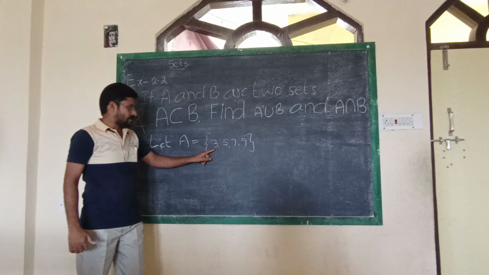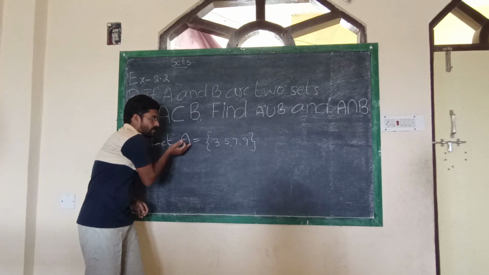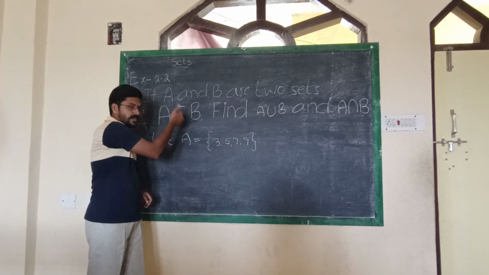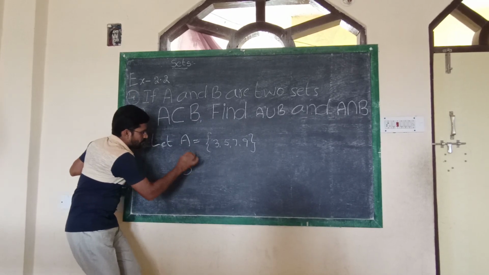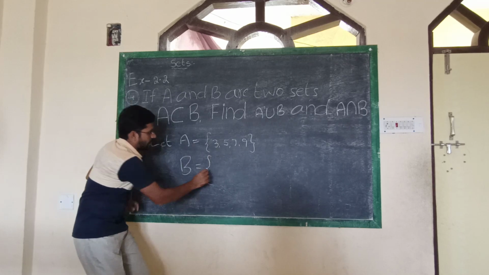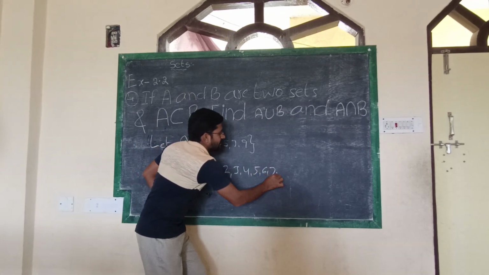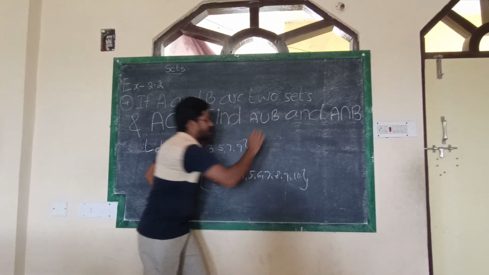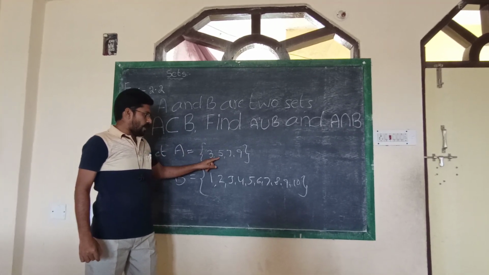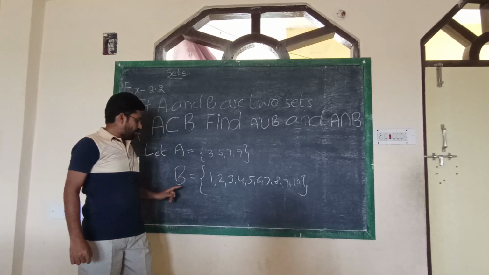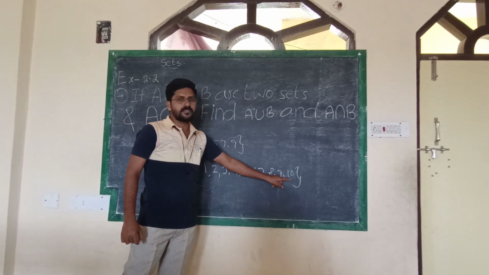All these elements have to be represented in set B, and some more elements also you can take in set B. Now I am taking B is equal to the set of 1, 2, 3, 4, 5, 6, 7, 8, 9, 10. That's all.